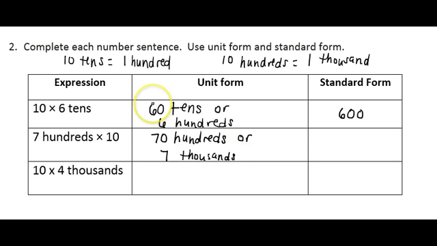And I can write that in standard form. Next, I have 10 times 4 thousandths. Well, 10 times 4 is 40, so I have 40 thousandths. And I can just simply write that in standard form, 0.04.